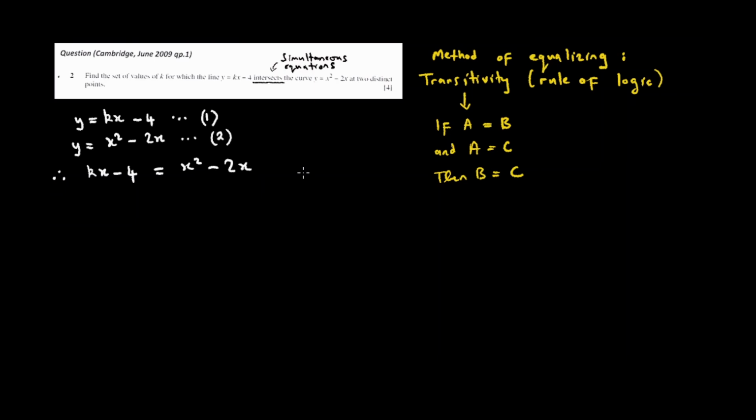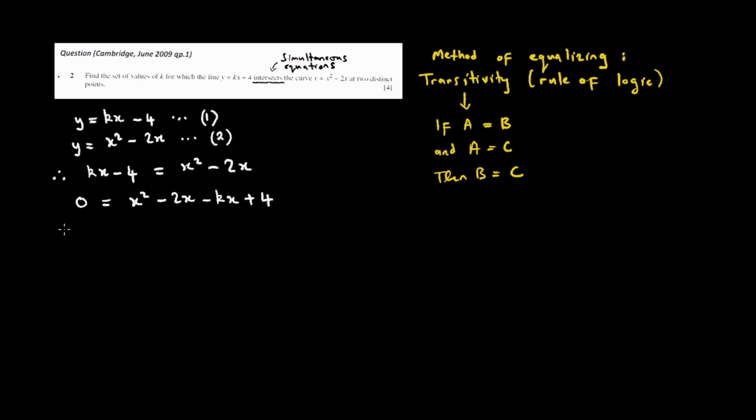So let us try to solve this. Of course, if we move everything to the right hand side, the better. The left side remains with 0. 0 is equal to x squared minus 2x. The kx, when it crosses, becomes minus kx, and the minus 4, when it crosses, becomes plus 4, like that.